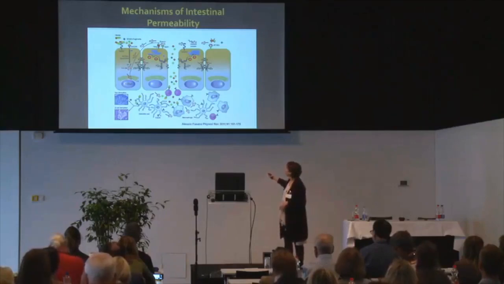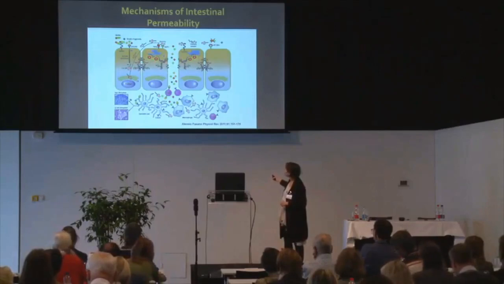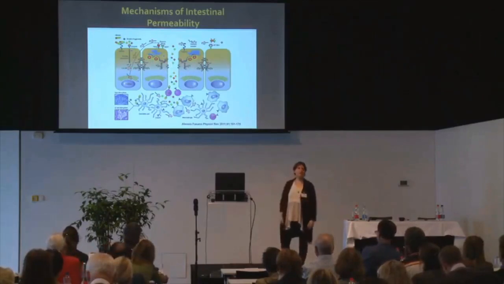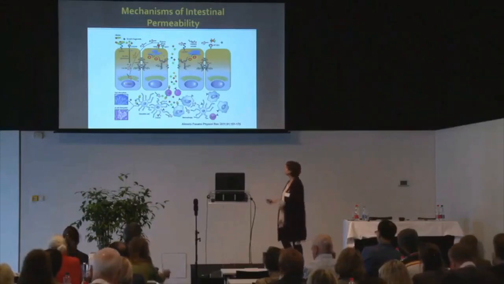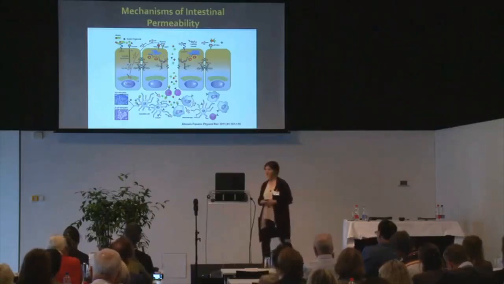But zonulin comes out, it causes the destruction of the zona occludens protein of the tight junction, so this whole tight junction complex breaks open, and then food particles, bacteria, LPS, all sorts of different external factors can enter into the body. And here we have the immune system poised and ready to protect us.